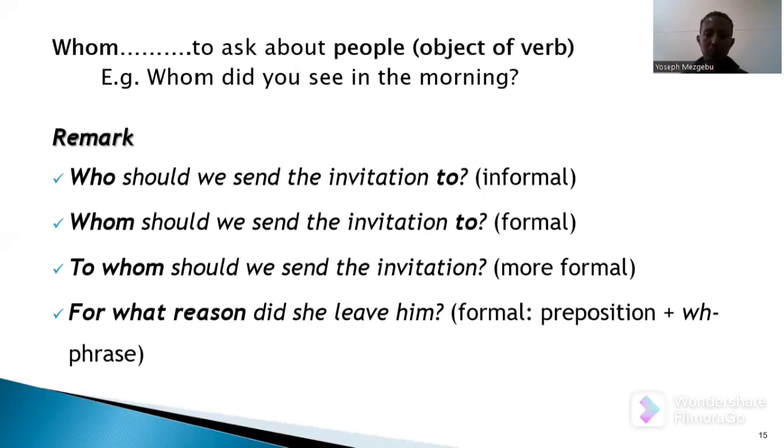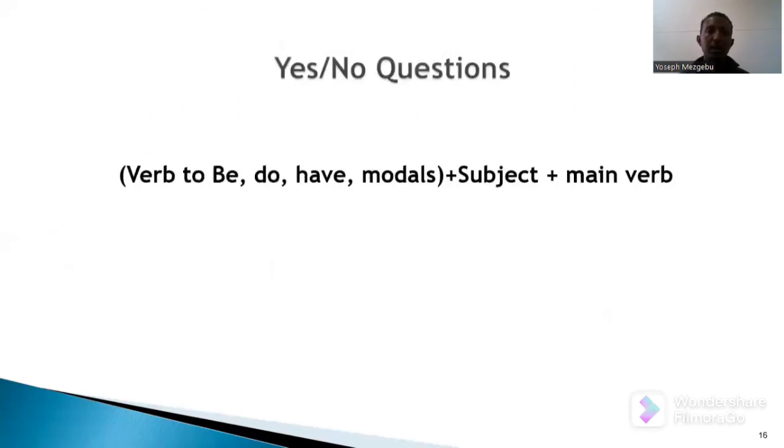You will apply them in communication. The yes-no questions also appear in our communications. As I have seen, between the wh questions and the yes-no questions, the wh questions seem a bit more complex. This is simpler than the wh questions.